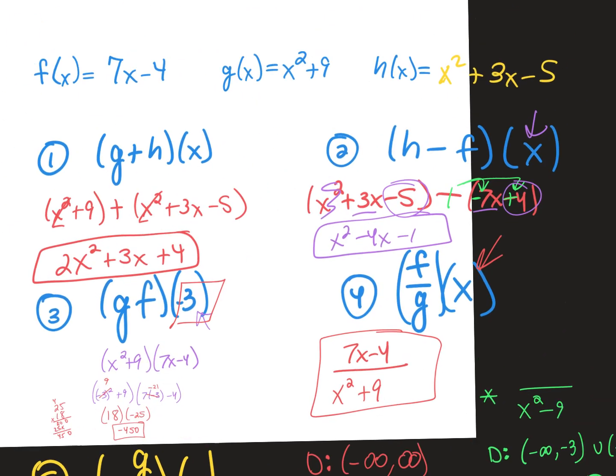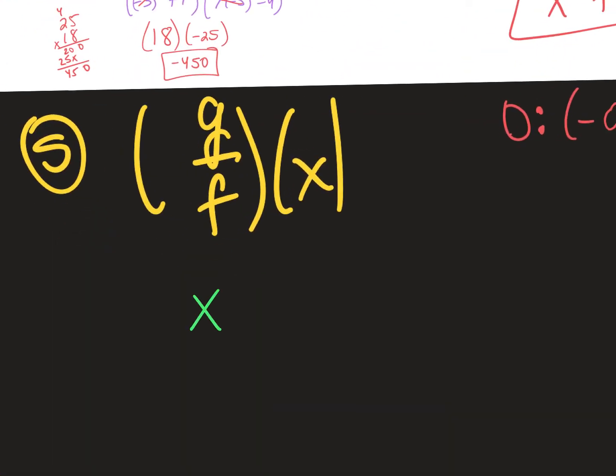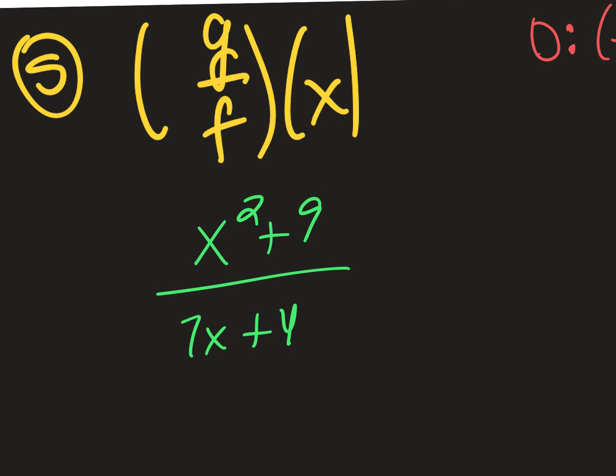G on top. What's G? X squared plus 9. So x squared plus 9 over 7x plus 4. Okay, can I combine anything? Yes or no? No. Can't combine anything. So, is it -4?